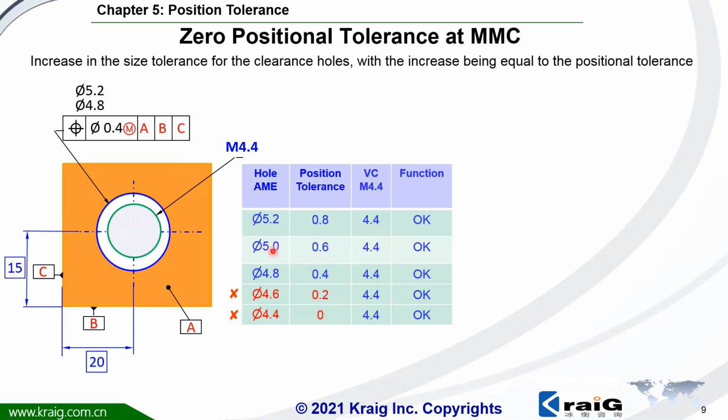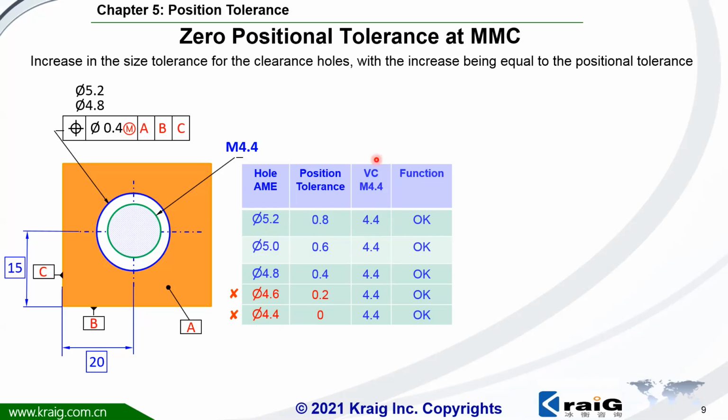Same thing for 5.0. The position tolerance is 0.6 because of the bonus, but the function is okay. The 4.4 threaded bolt is going to be okay. 5.2, this is the MMC size. Position tolerance will be 0.8. The function is still okay.